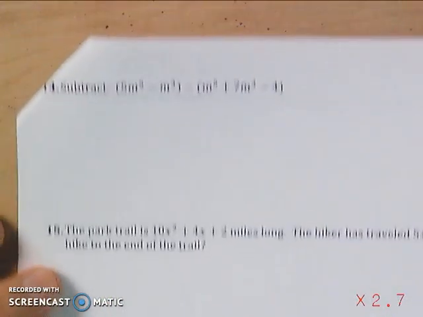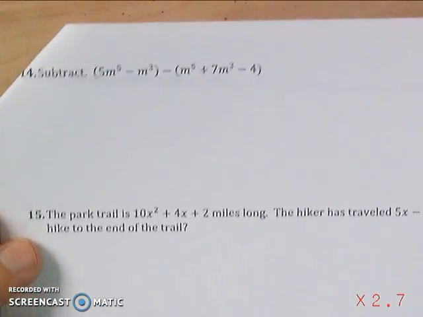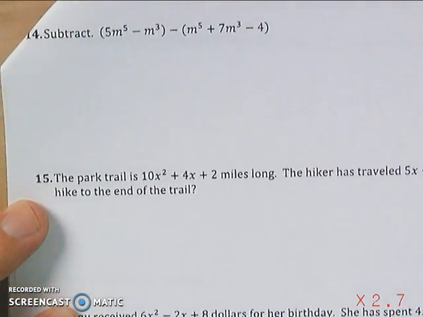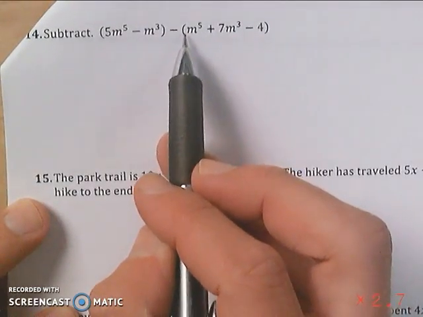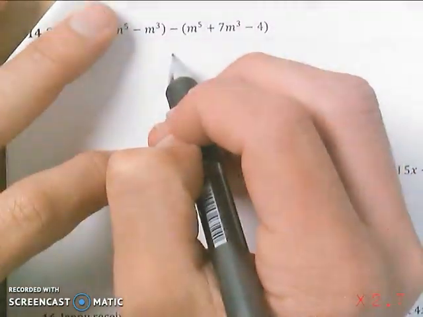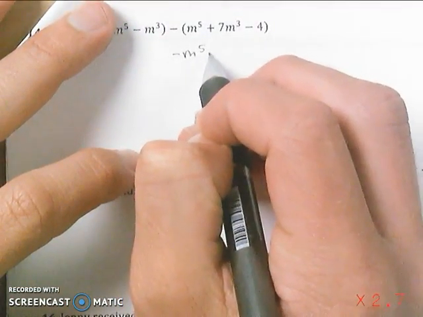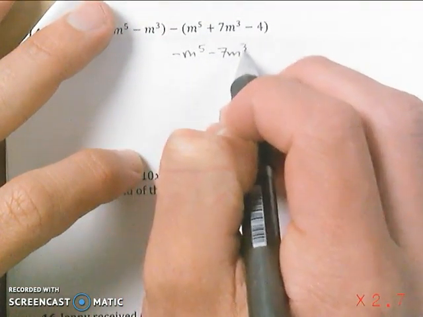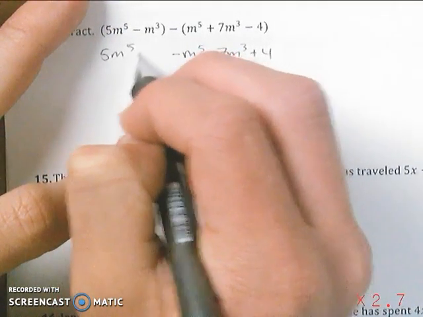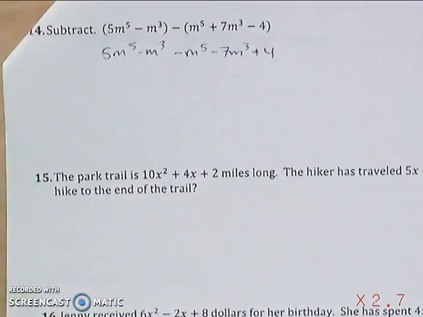Number 14, this one's a little bit harder because we're going to subtract first. So I basically have to distribute the negative through this trinomial here. So this is going to become a negative m to the 5th, a negative 7m to the 3rd, but then a positive 4. So I'm basically changing all the signs of the one in the back.